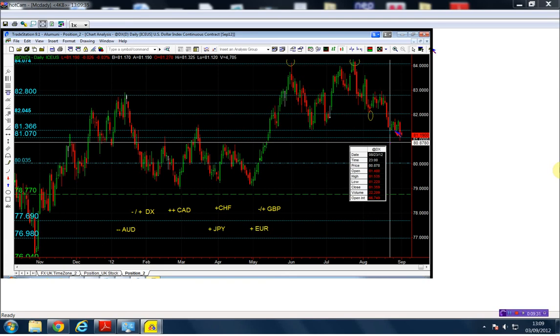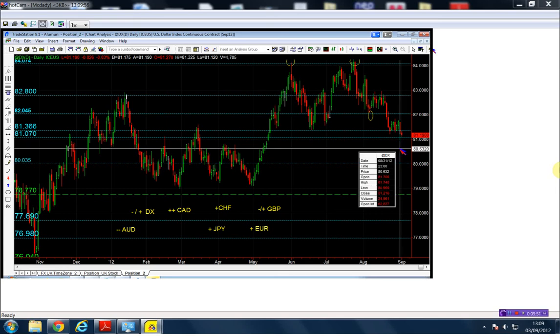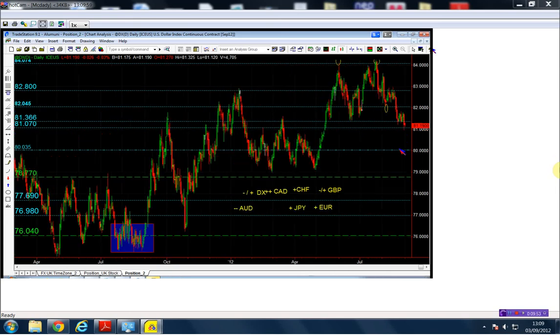Then we tried to make a little bit of a sideways move above that 81.22, and then on Friday we just sold off through the 81.22 and through the lower structural point that we have, which is the 81.07. Just want to find where the 81.07 begins.